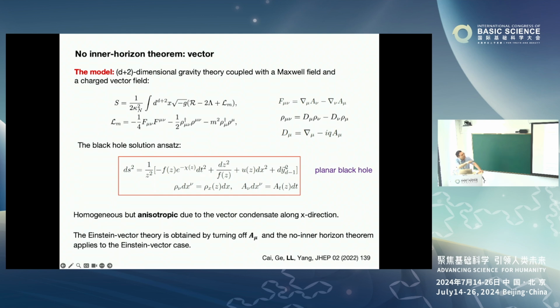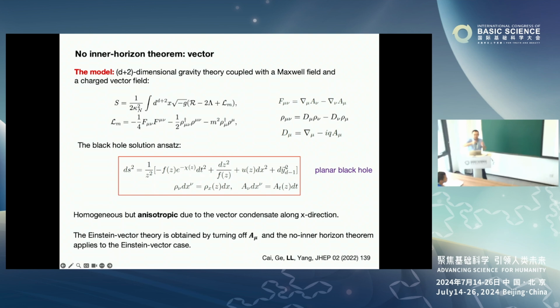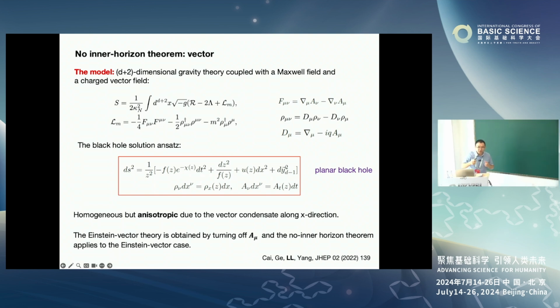Actually, we can also consider a more complicated case. So we consider the black hole with a charged vector here. For example, like this theory, the rho mu is the vector field charged under the U1 gauge field. Because the vector has a spatial direction, right? It can break the isotropy of the system.